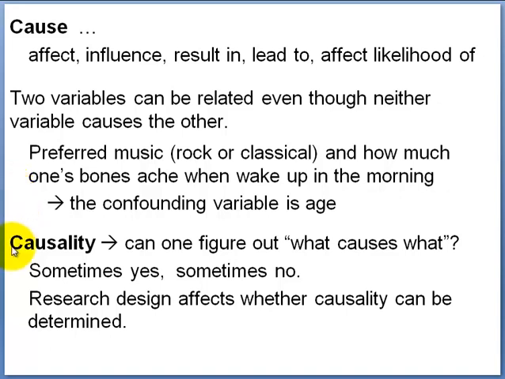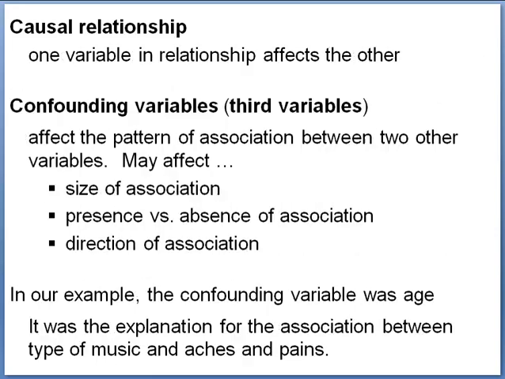So this word causality is in essence conveying, can we figure out what causes what? Have we got a causal relationship? Or on the other hand, have we got a relationship that's been brought about by a confounding variable? Sometimes the research design lets us figure out the question of causality, and at other times we're left wondering whether the relationship is or is not causal.